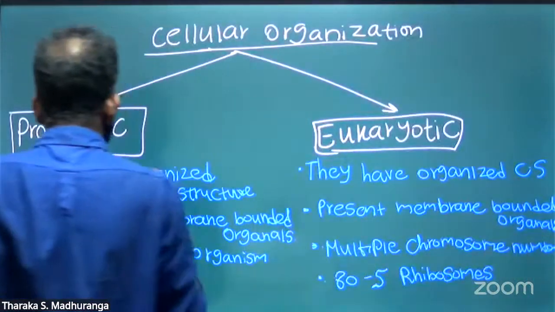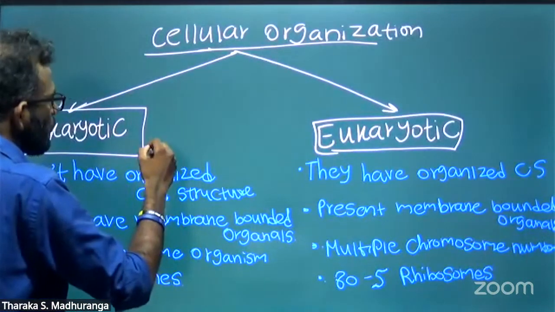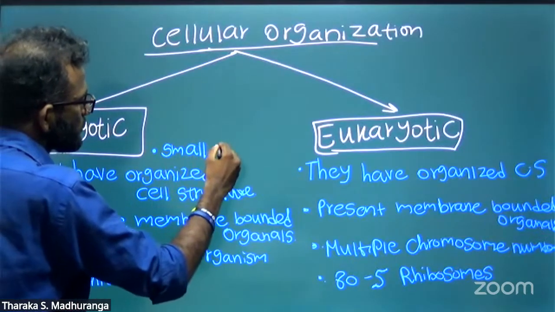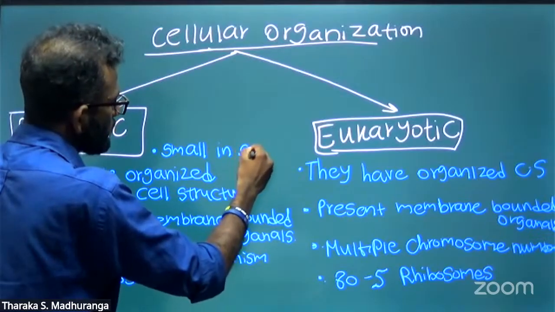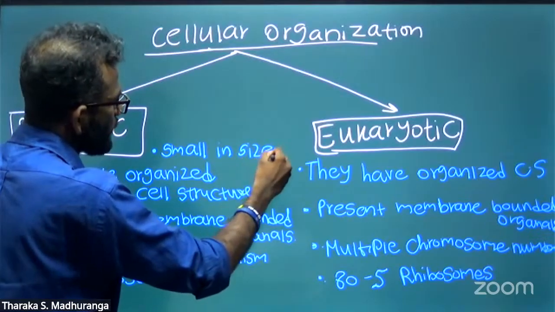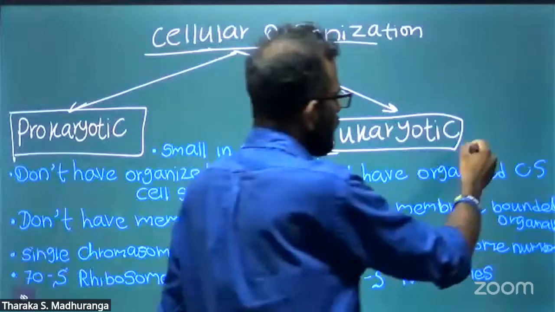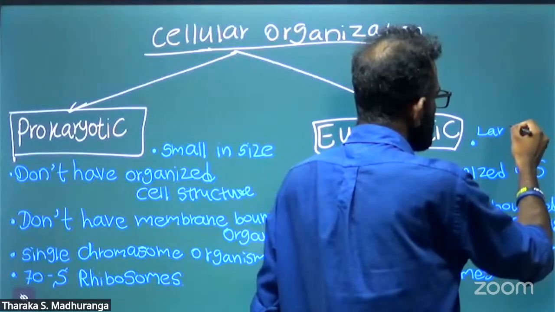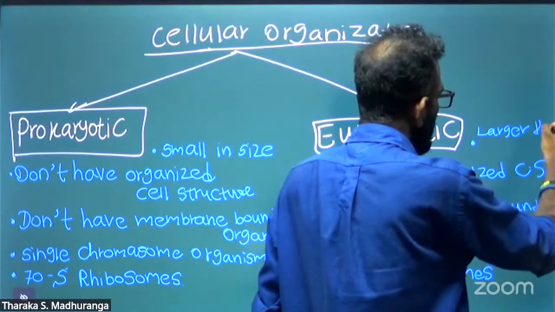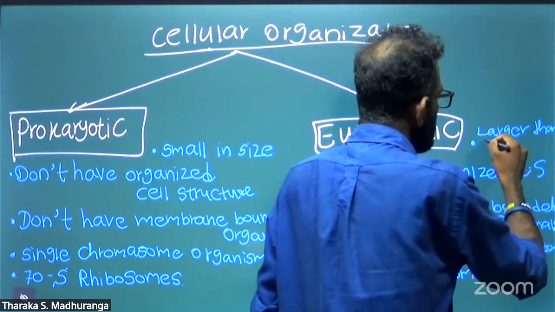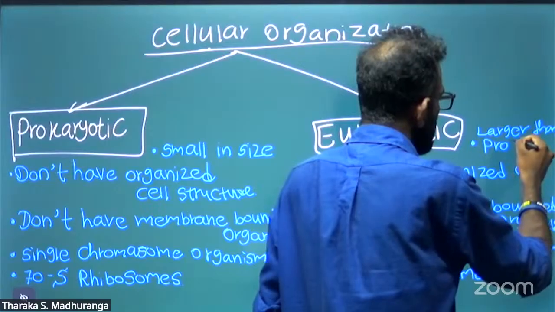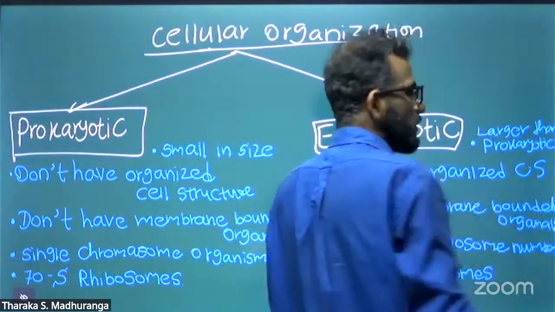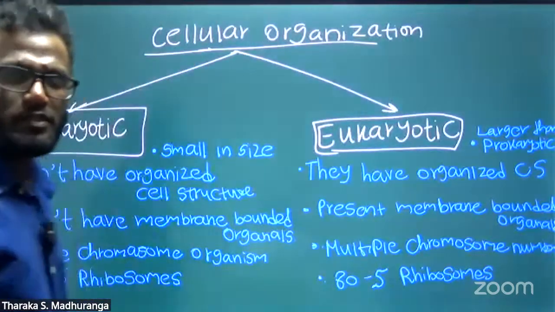Therefore, you can say prokaryotic organisms are small in size, and eukaryotic organisms are larger than prokaryotic.